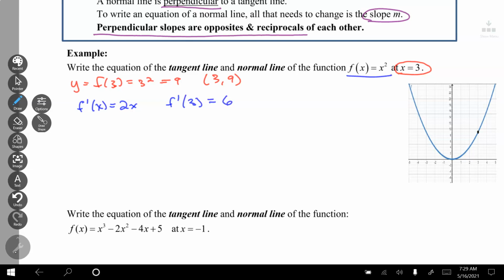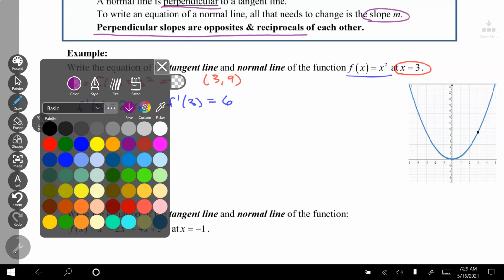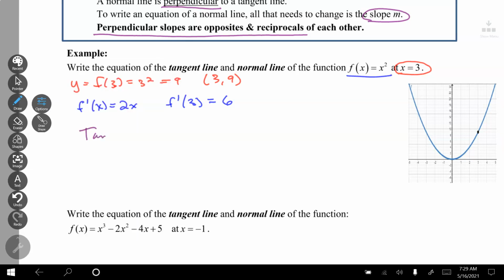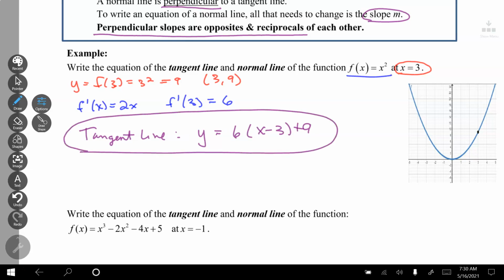So now I can write my tangent line equation: y equals 6(x minus 3) plus 9. That is the slope of the tangent line. And I can show that on the graph over here by drawing this tangent line best I can. This is my tangent line.